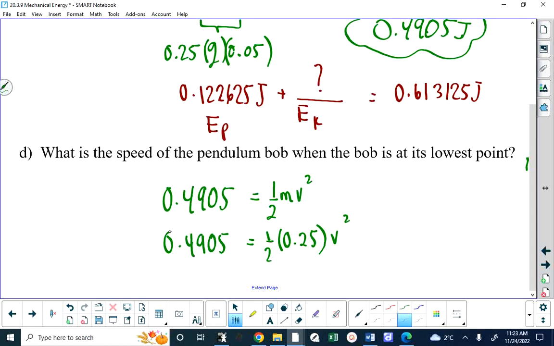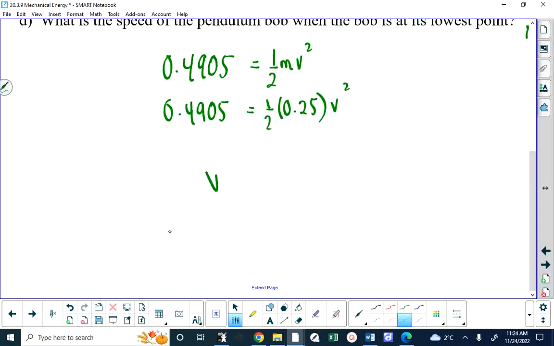I have to multiply that number by 2 and then divide it by 0.25. You're going to get a speed very close to 2 meters per second, are you not? Let's just say 2.0 meters per second.